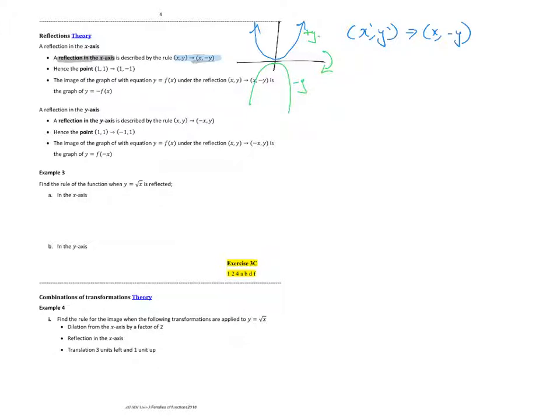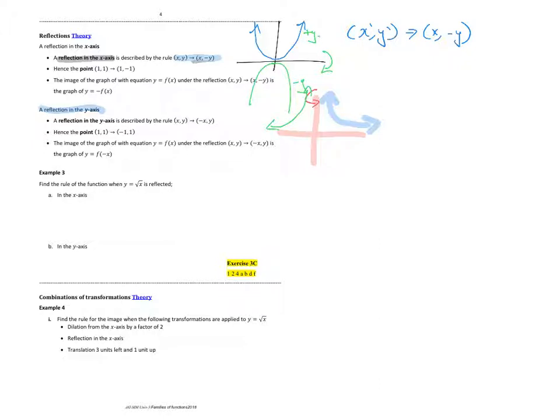Similarly, if we're reflecting about the y-axis, say that's our graph. If I want to reflect it about the y-axis, it means I want to reflect it about that axis there, which means I want it to go that way.